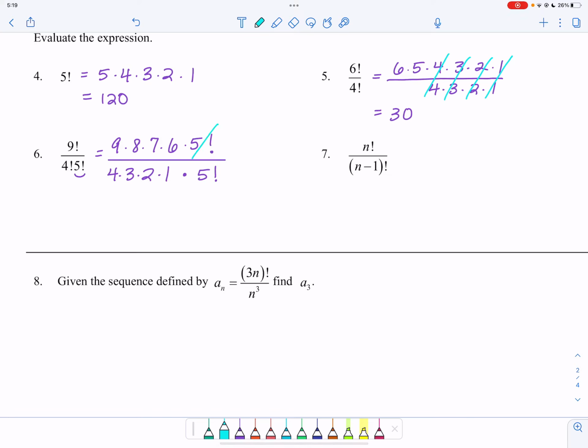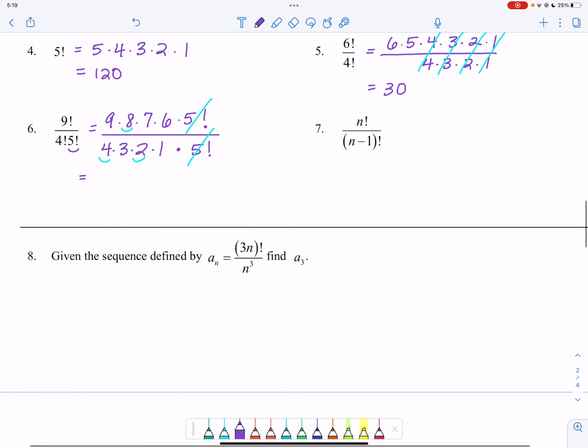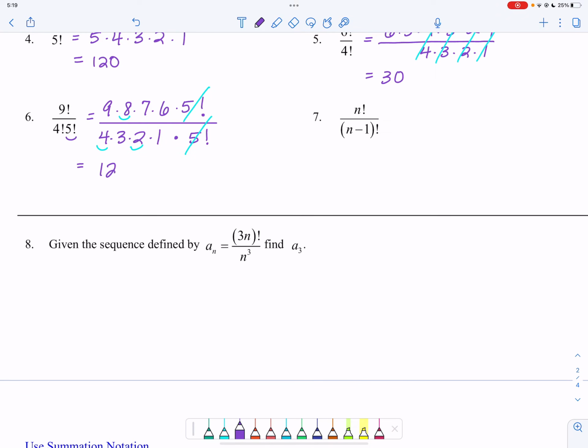And these 5 factorials cancel. And if you work this out, you can also see 4 times 2 is 8. So we end up with, well, you can do the math there. But anyway, I came up with 126.